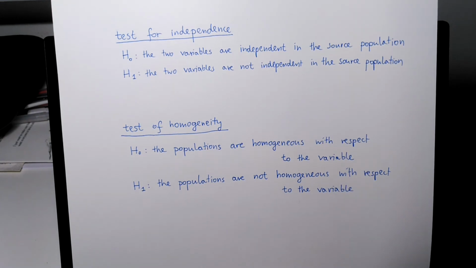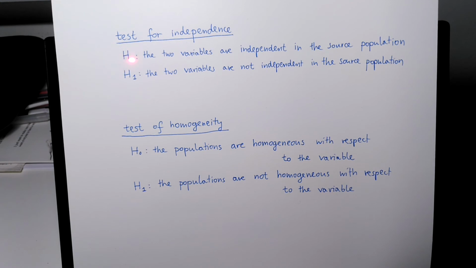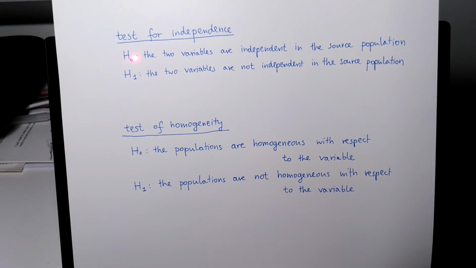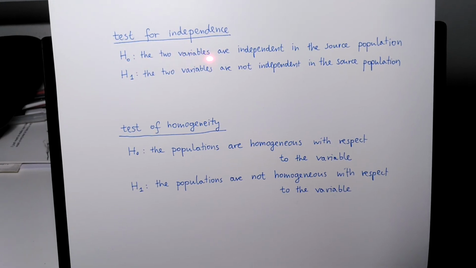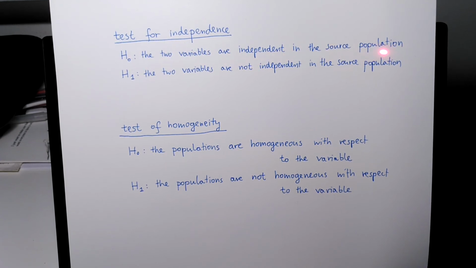Let's look at the hypotheses in these two tests. In the test for independence, the null hypothesis reads, the two variables are independent in the source population, and the alternative, the two variables are not independent in the same population.